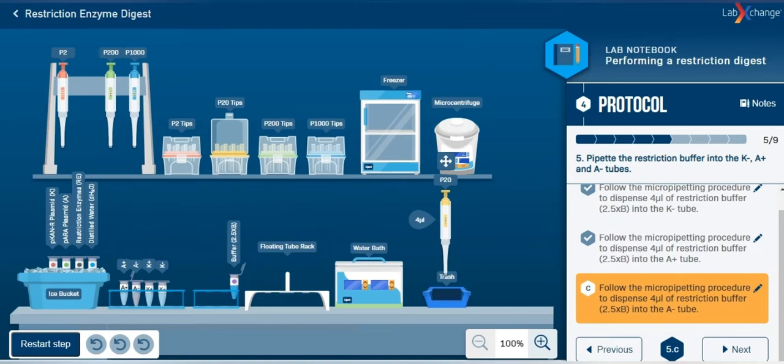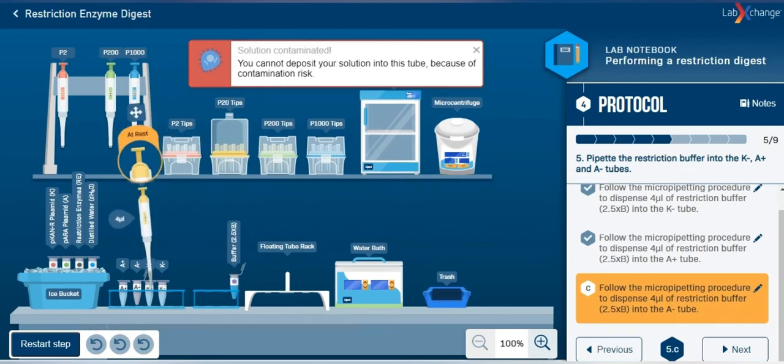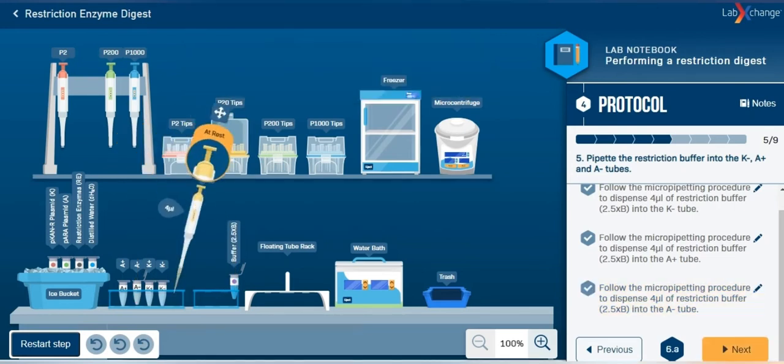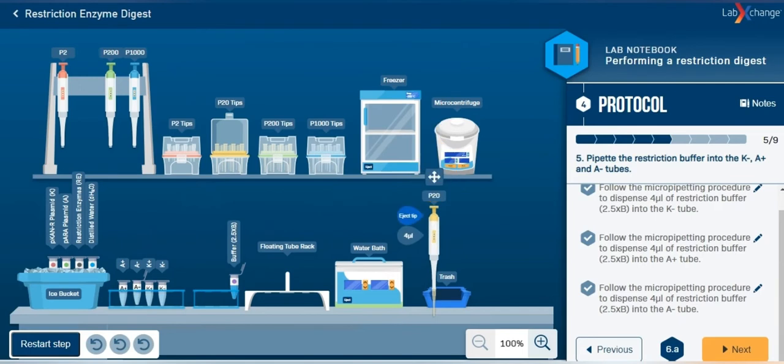Next, follow the micropipetting procedure to dispense 4 microliter of restriction buffer into the A minus tube. Eject the tip, throw it into the waste container.